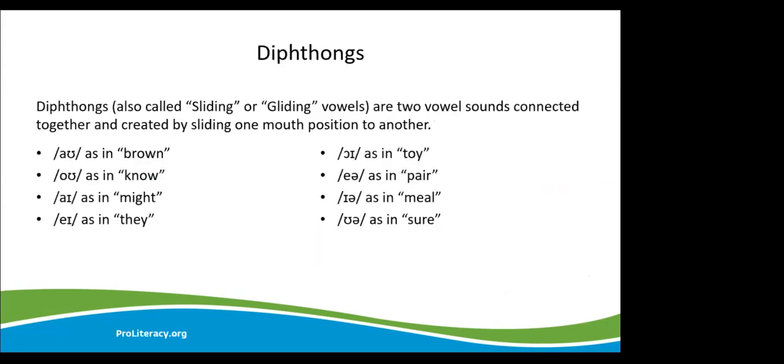One of the tricky things about English is our use of diphthongs, where we have this sliding between two sounds. And I think probably the easiest ones to hear are in words like brown, where we're going from an ow, where we've got two very clear sounds sliding between one another. Toy, meal, all of those, you hear that very distinct slide.